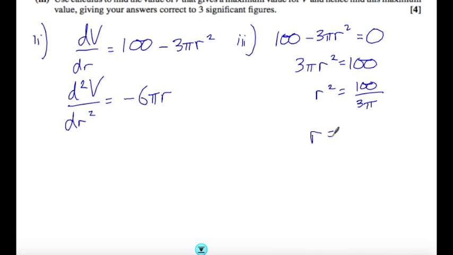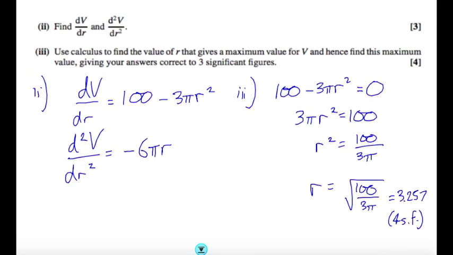So r will be plus or minus the square root of that. Now, because the radius is a positive thing, we can just ignore the negative square root. In the exam, I'd probably recommend just writing a little note of that. So that gives you 3.257 to 4 significant figures, but I'm going to keep the exact value in my calculator.